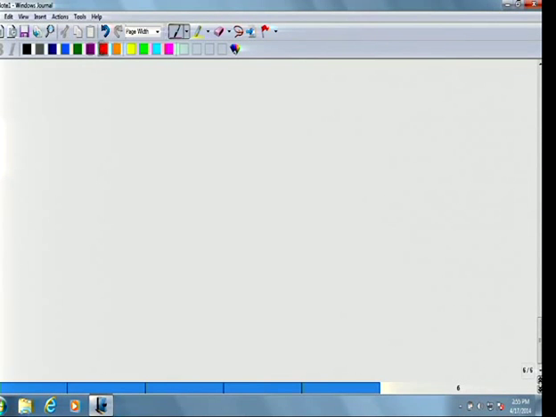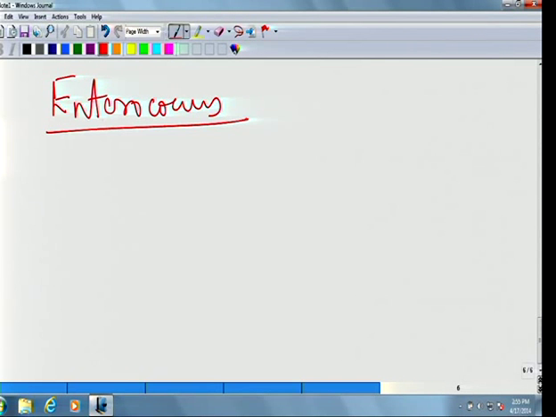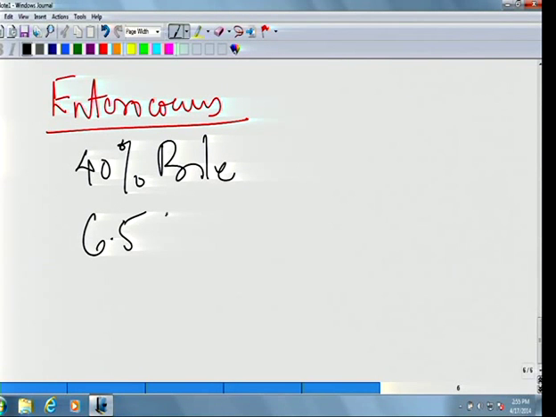Enterococcus. So when you're thinking of Enterococcus, where is this bacteria residing? Yeah, gut. That's why the name. So Enterococcus resides in the gut. Therefore, it should have some property that is different from the other streptococcus. And what is that? 6.5% sodium chloride.